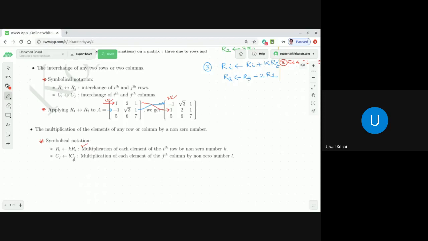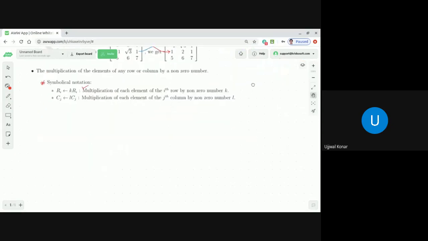Or when we say new Cj is equal to L into Cj, that is the multiplication of each element of the jth column by a non-zero number L. So let's take an example and see how it looks. We take a matrix B and perform this operation on it. Let's see how we are going to do it.